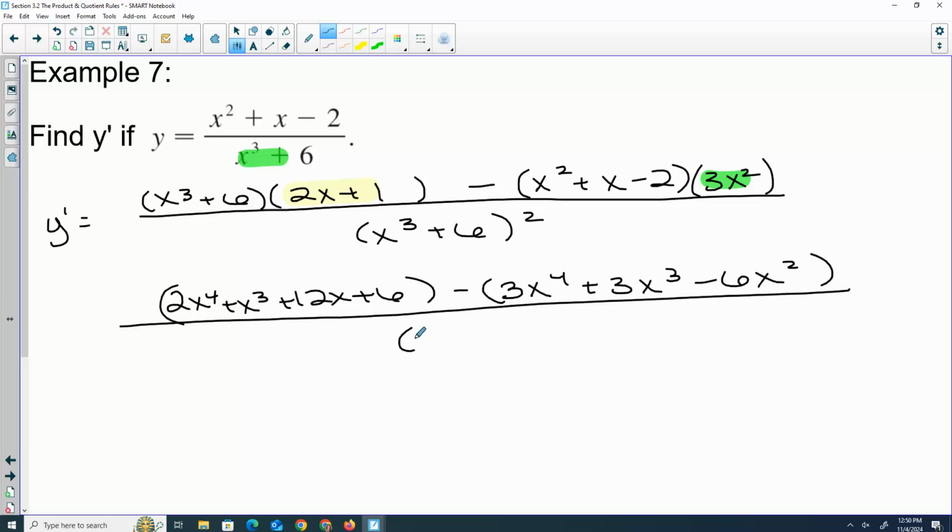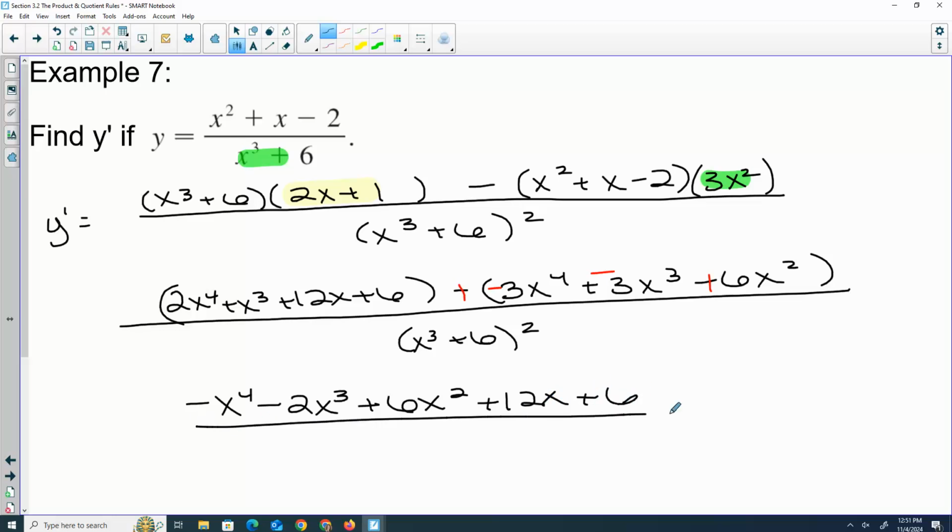It's not wrong if you do, but it's nicer to leave it factored in case things cancel out later on. It's not going to make a difference on this one. So combine like terms: negative x to the 4th minus 2x cubed plus 6x squared plus 12x plus 6 over x cubed plus 6 squared.